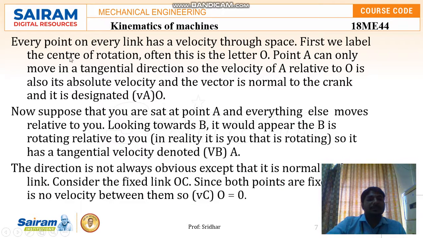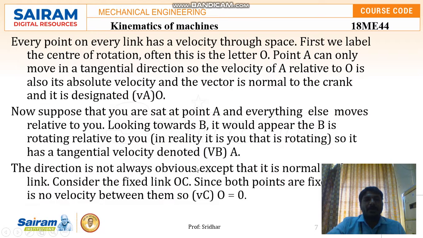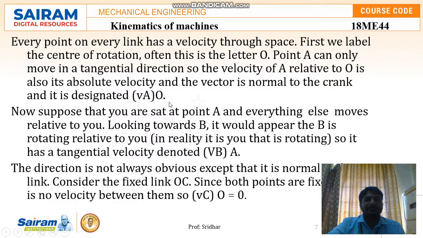Every point and every link has a velocity through the space. First we identify the center of rotation, the letter O, and point A can only move in a tangential direction. When we fix O, A can only rotate in the tangential direction.